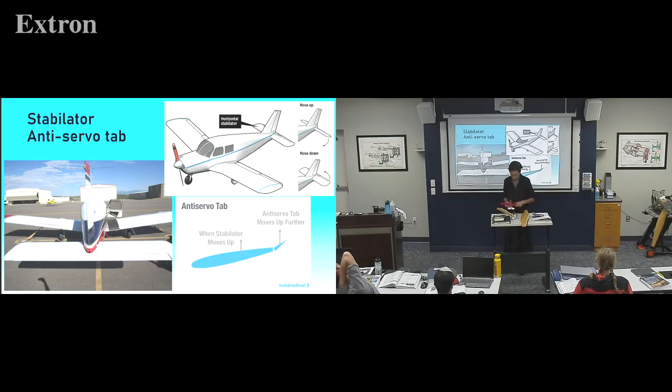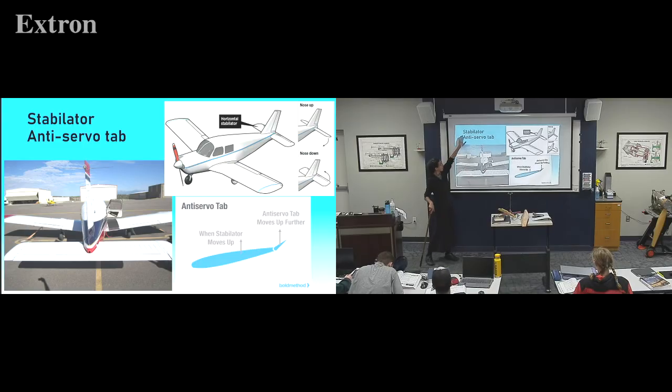Now, oh, and what is this immovable portion called? Vertical stabilizer. So, you can have a situation where this whole horizontal surface moves and deflects.